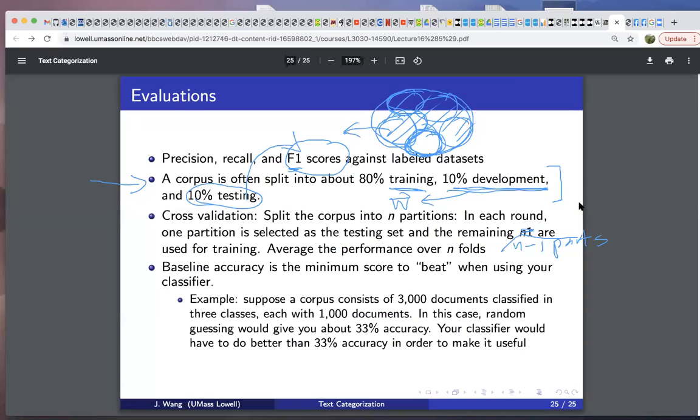Each partition is used as testing, the rest is training. So you can run this n times. That's called n-fold cross-validation. Then you take the average of this F1 score to be the F1 score of this cross-validation.